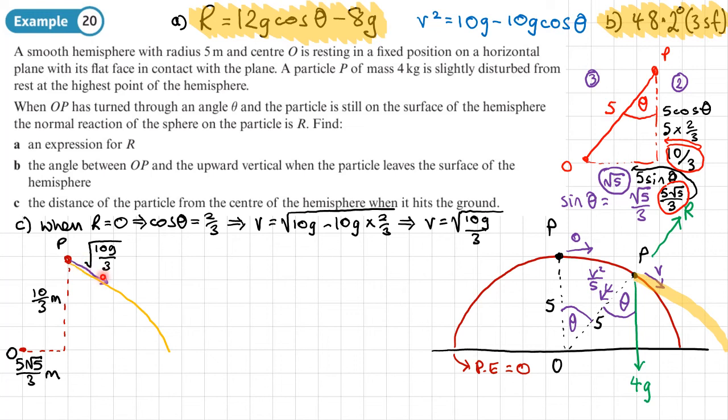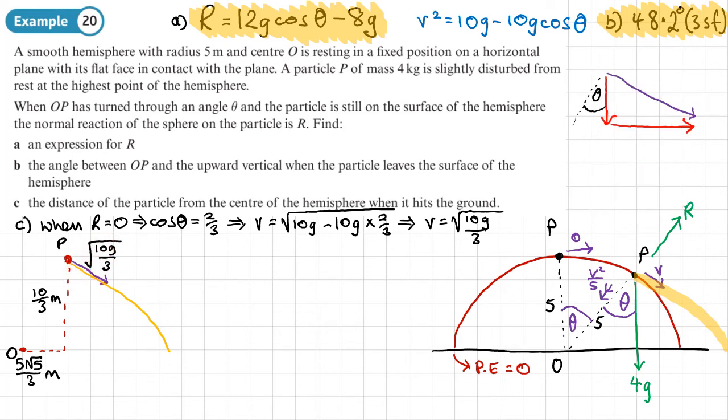So with projectile motion, we consider the horizontal and vertical parts of the motion. So we're going to have to work out what the horizontal and vertical parts of this speed are. So another little triangle up here to help us do that. So this line here represents this initial velocity when it becomes a projectile, which is the square root of 10g over 3.